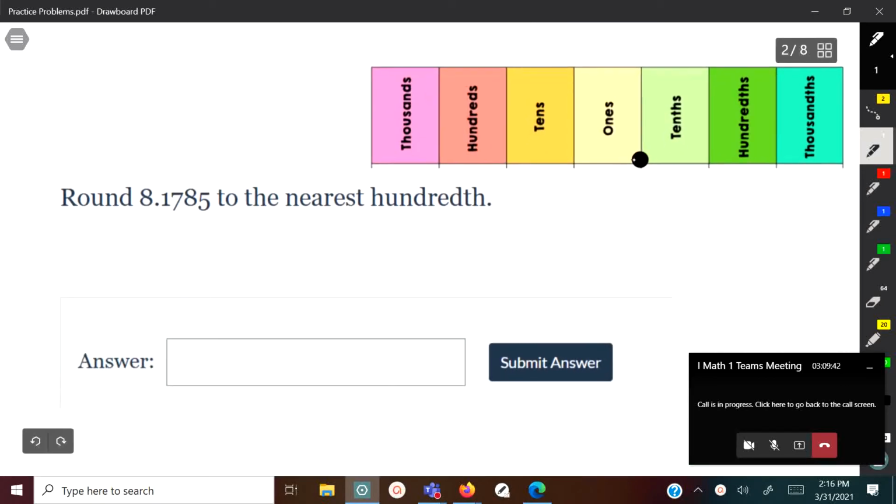On this one we're looking at the hundredths place. The hundredths place is right here, two spots past the decimal. So we'll go to the second spot past the decimal, which in this case is the 7. I'm going to circle the 7, and underline the 8.